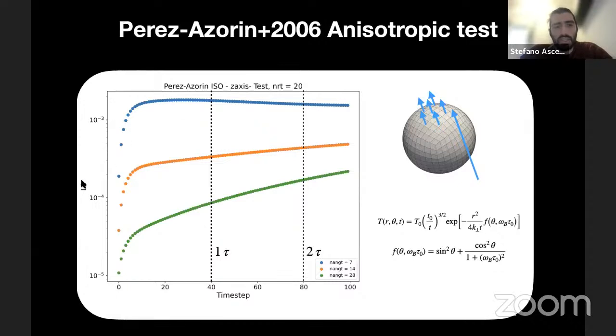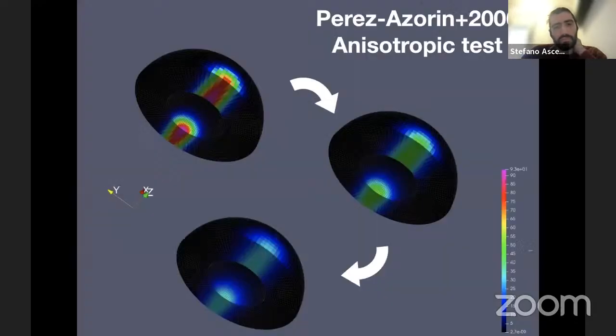We see that in any case the L2 error is lower than 1, and we gain a factor of about 8 each time we double the resolution. And this is the solution represented in a 3D plot.